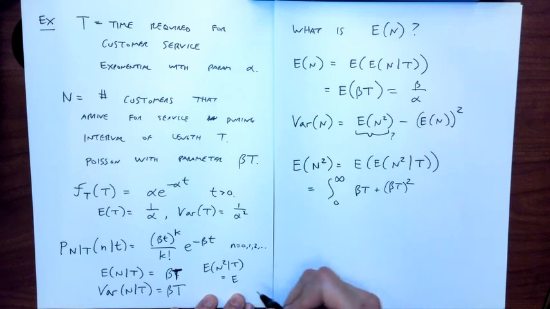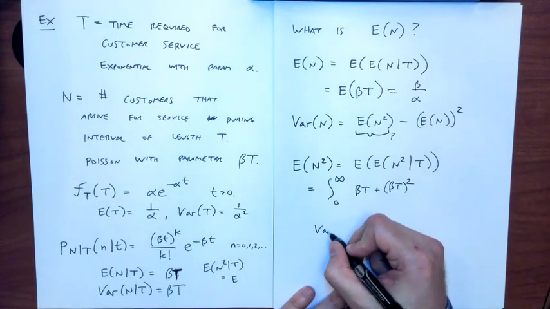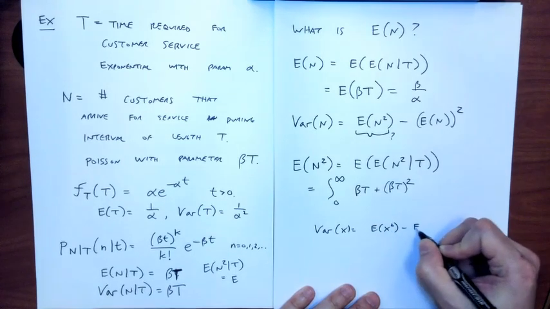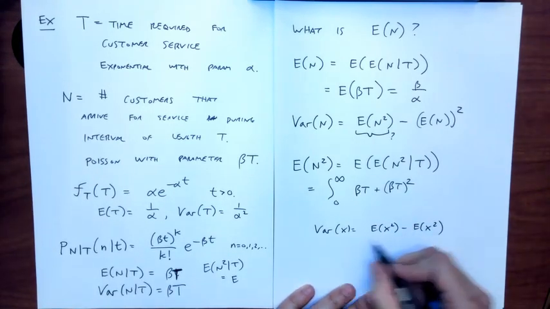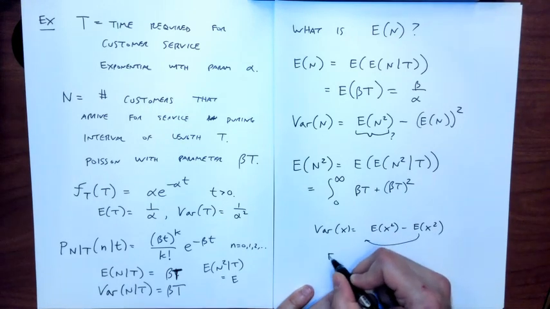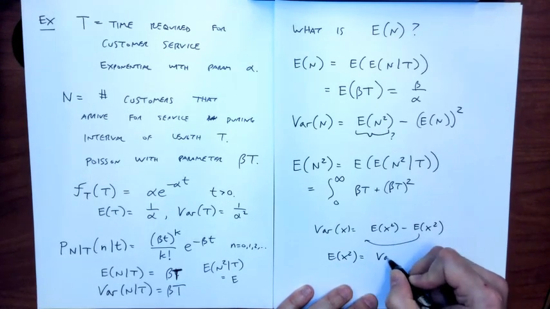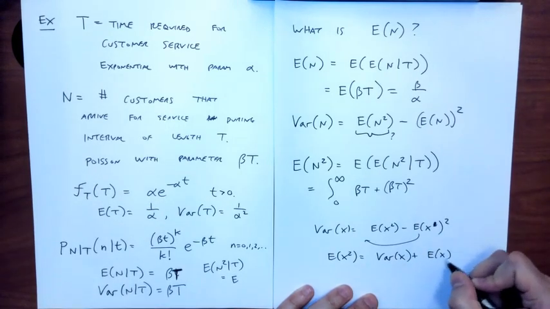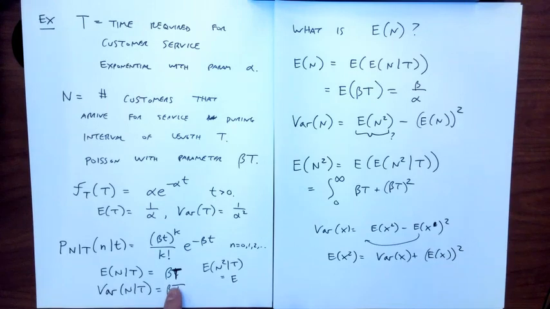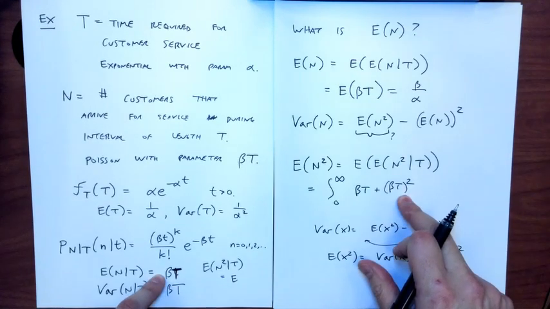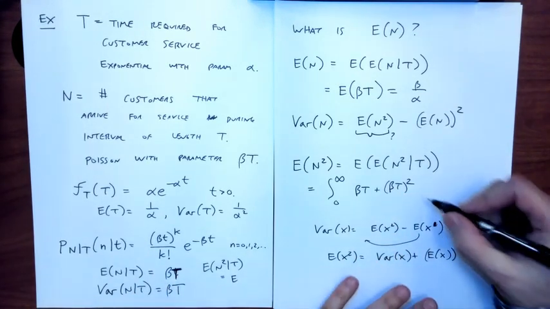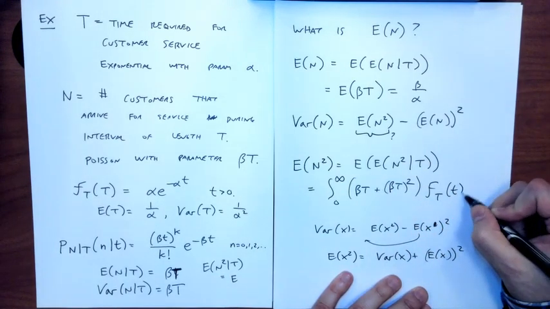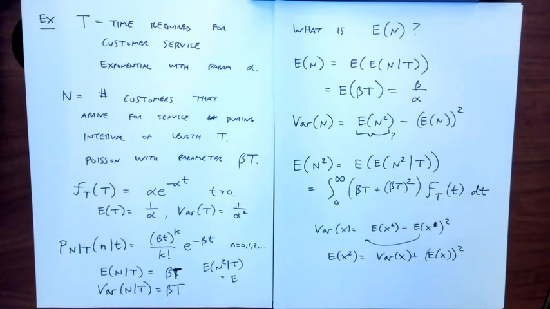This is a mess to write, but just like the variance of x is equal to e of x squared minus e of x, squared, I can move this over to get e of x squared equals the variance of x plus the mean of x, squared. That's exactly what I'm doing here. Now I have to integrate this with respect to my PDF of t, whatever that is.